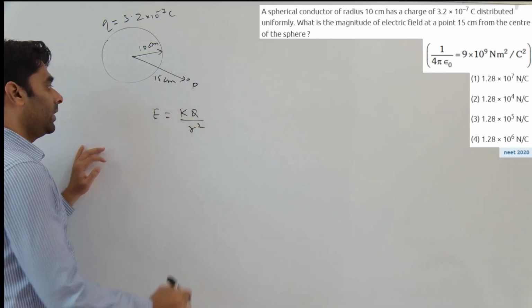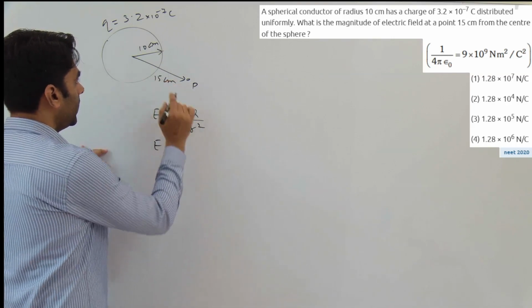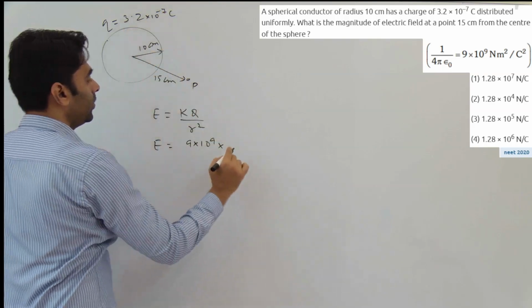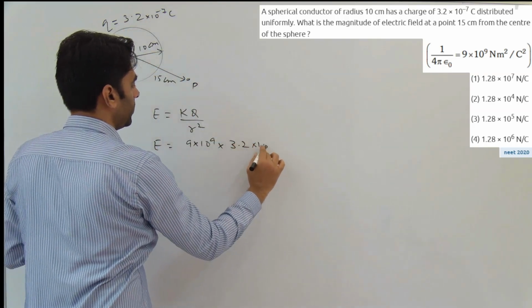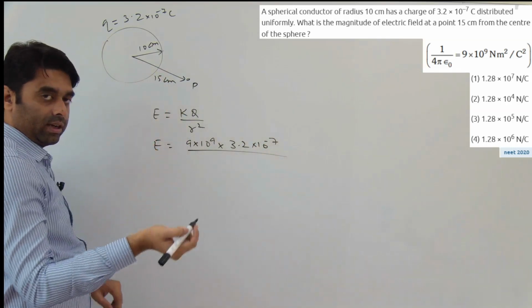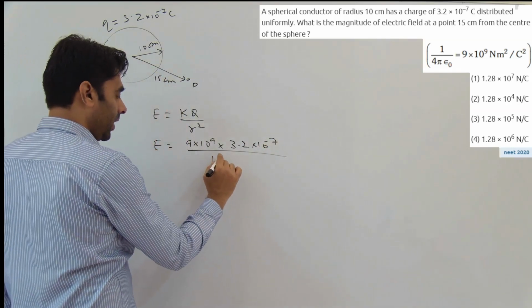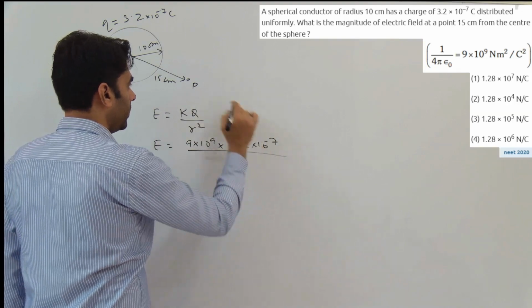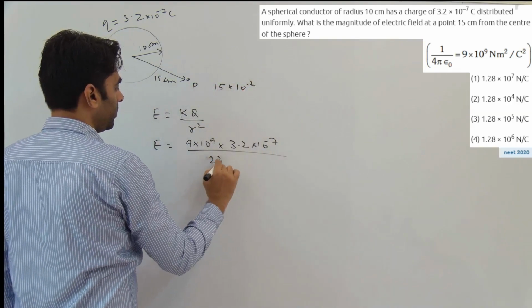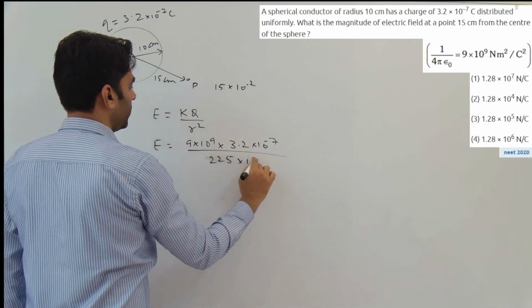So let us write down. E is equal to k, k value is 9 into 10 power 9, q value is 3.2 into 10 power minus 7, by r square. 15 centimeter means 15 into 10 power minus 2, so this will be 15 into 10 power minus 2 square. If we do it, it becomes 225 into 10 power minus 4.